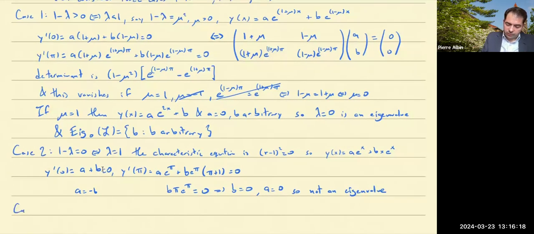Okay, and so that leaves us with case 3, 1 minus lambda negative, which is the same as saying that lambda is greater than 1. And so here we'll say that 1 minus lambda is equal to minus mu squared with mu positive.